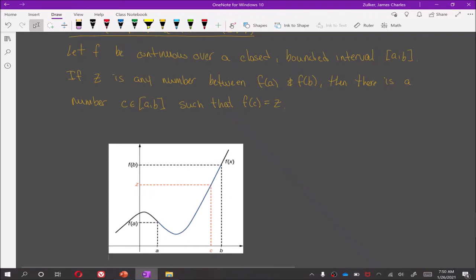In this case, here's our Z. We draw the line. There would be our C. Notice that what this theorem is saying is it's only guaranteeing the existence of such a number.